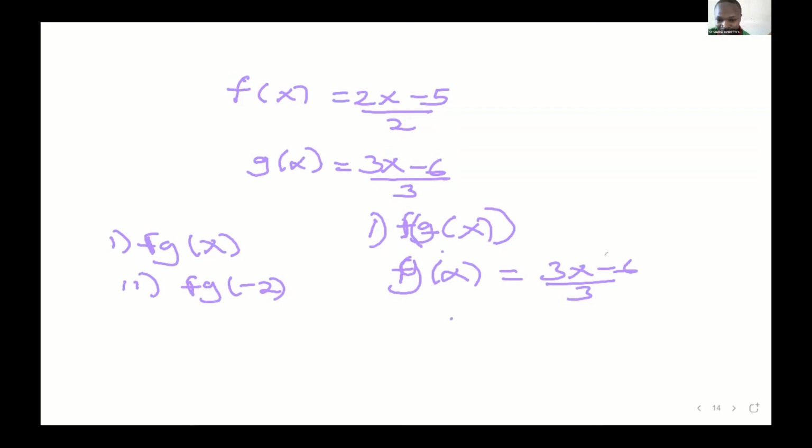So we shall substitute this into the function f of x, putting our answer from g of x where there is x. Therefore, this will be f of 3x minus 6 out of 3.